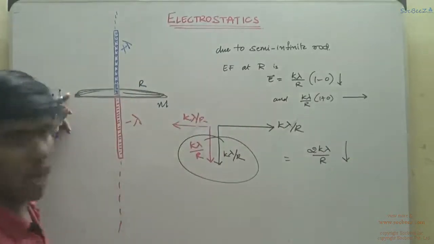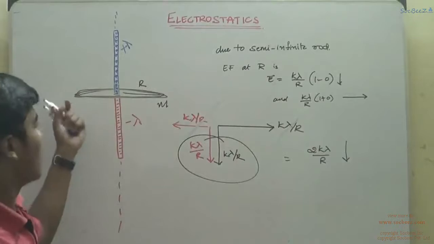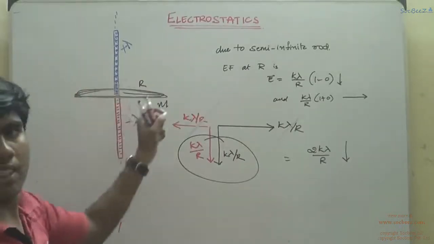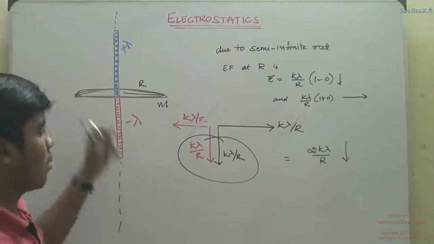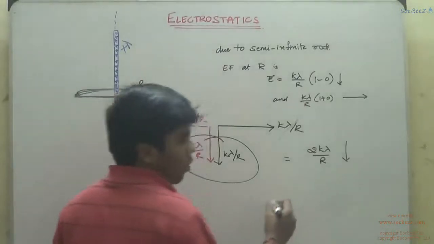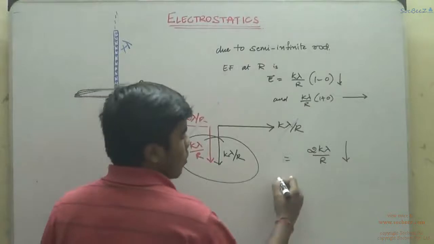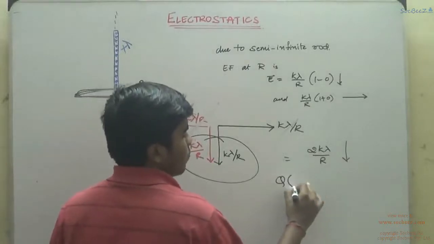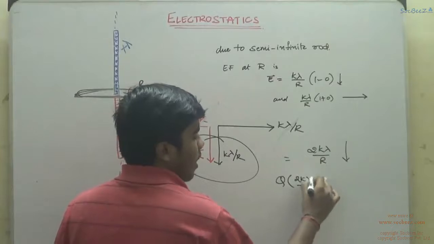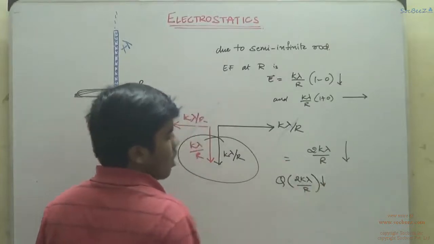Suppose the charge over the whole ring is q. Since the electric field at every point is the same, we can directly sum over all the charges. So the net force due to the electrostatic field is q times 2k lambda by r, and its direction is downwards.